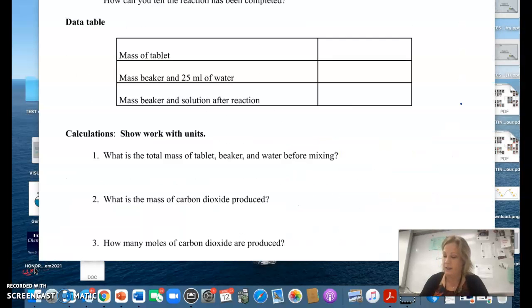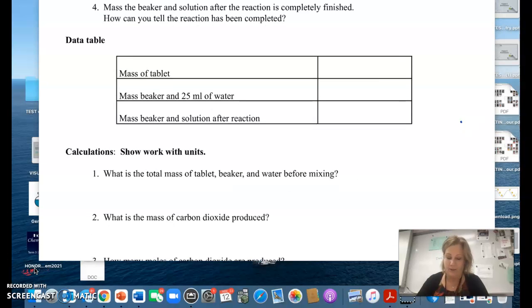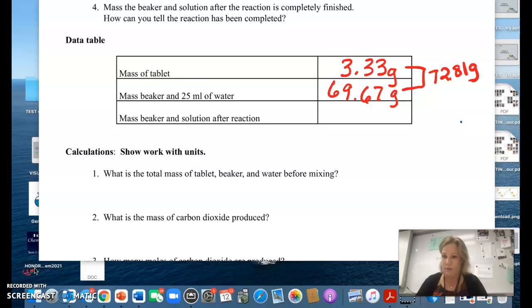If we look at the data, the mass of the tablet, my data, is 3.33 grams. And the mass of the beaker with the water is 69.67 grams. So this is going to be the total mass before the reaction starts, and then there's the mass after the reaction, after the CO2 leaves.